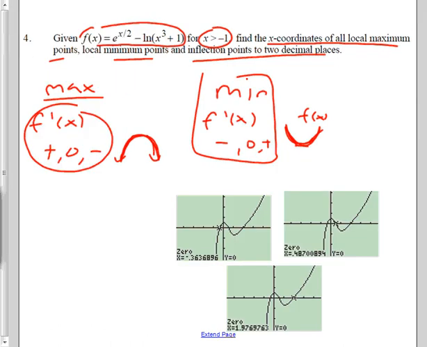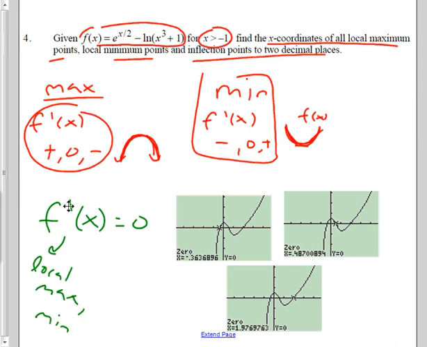So right here I have a picture of f prime of x, where I'm finding when f prime of x equals 0, because this is going to tell me my local max or min. So if we look at this point here, we went from a negative value to a 0 to a positive value.